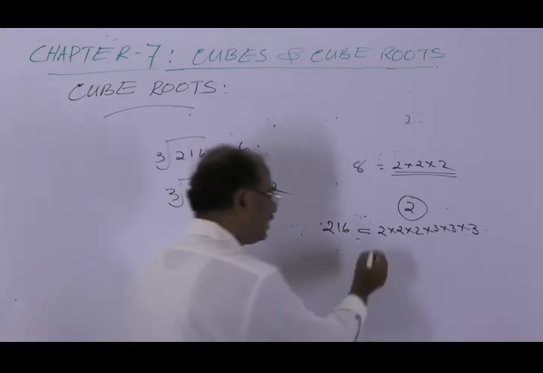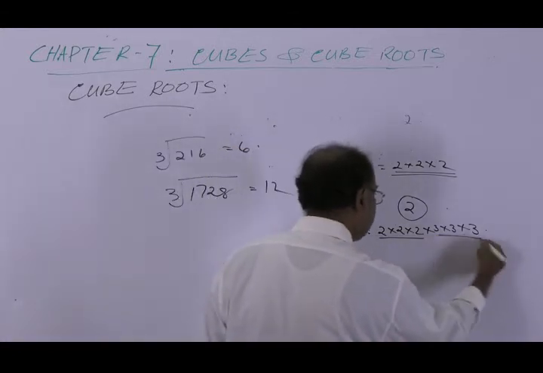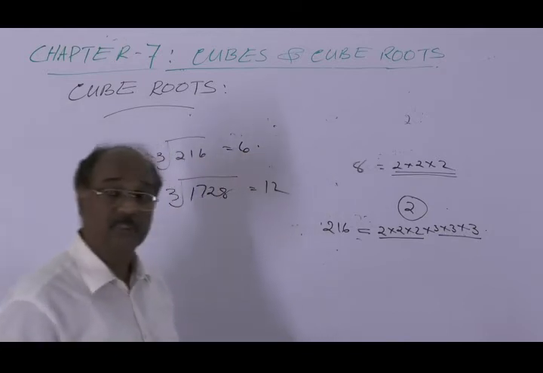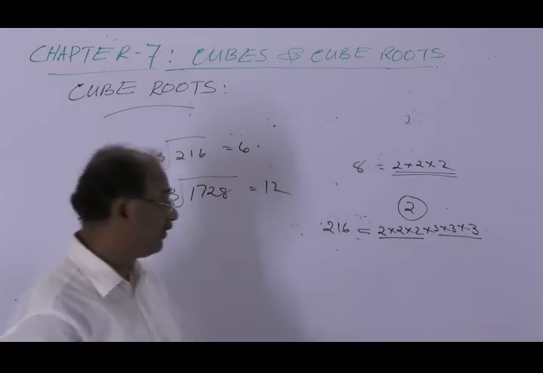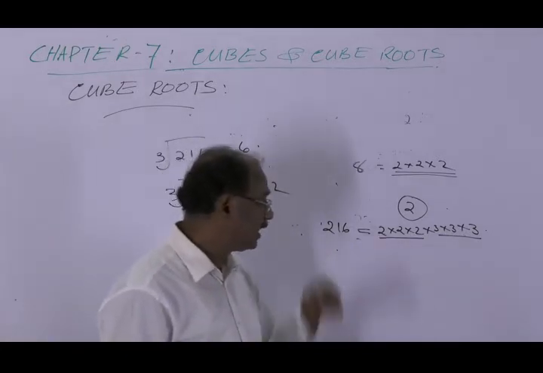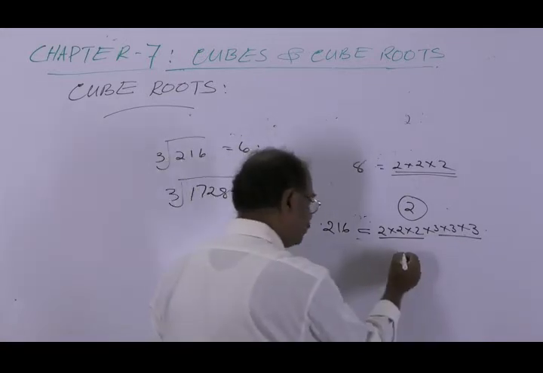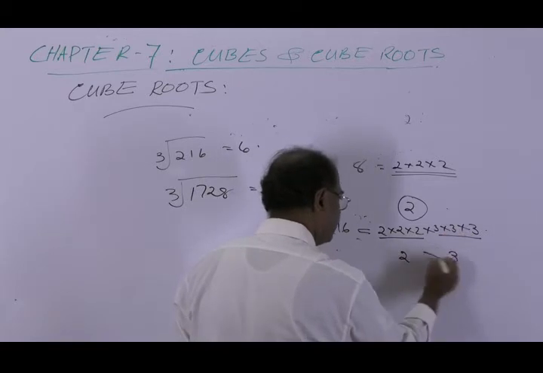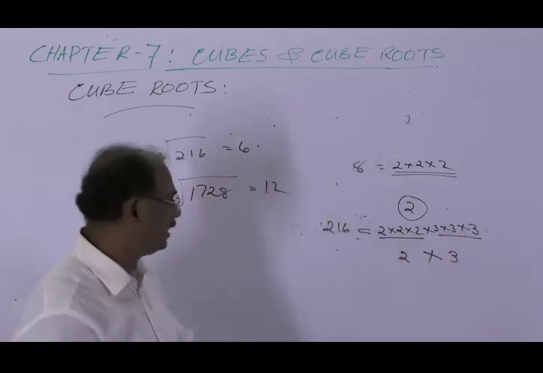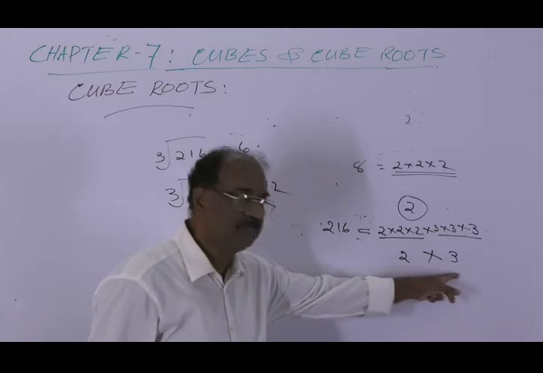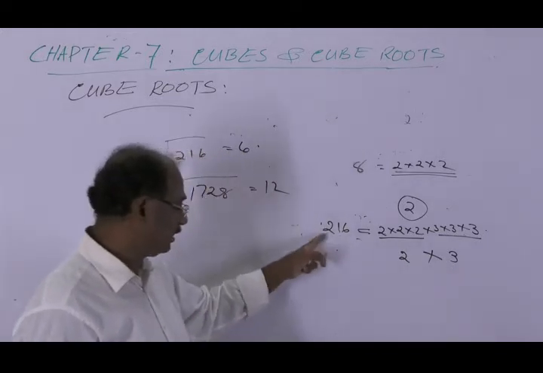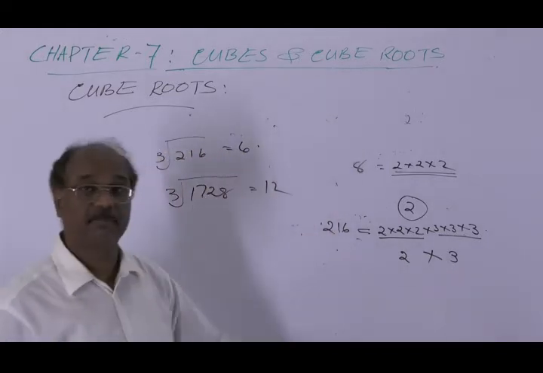So find the groups of 3, triples of different primes: 2, 2, 2 three times, 3, 3, 3 three times. Take 1 from each group, 2 and 3, and find the product, 2 into 3, 6, which is the cube root of this 216. 6 cube is equal to 216.